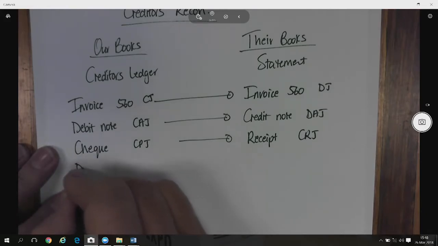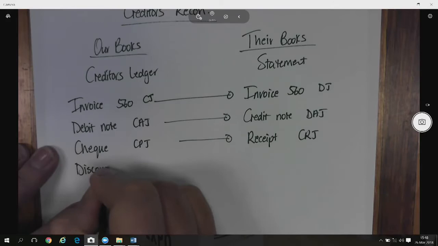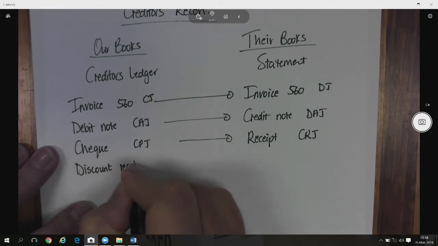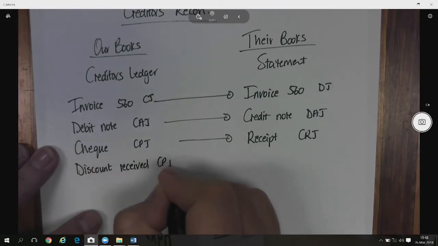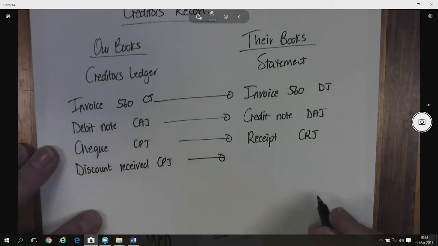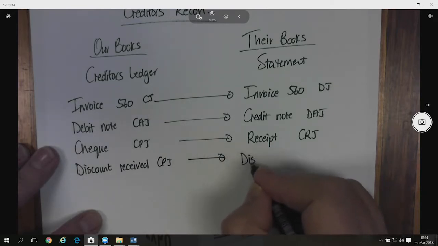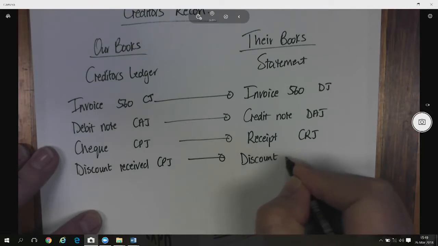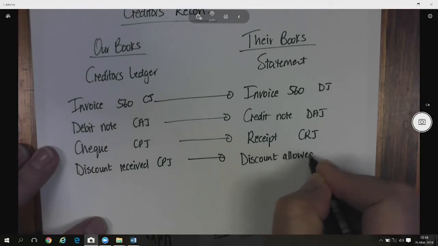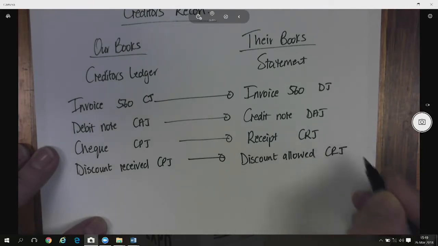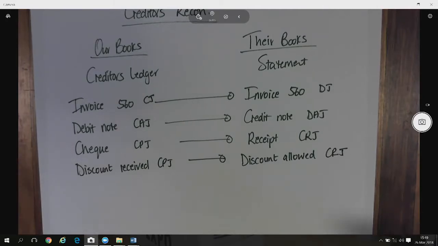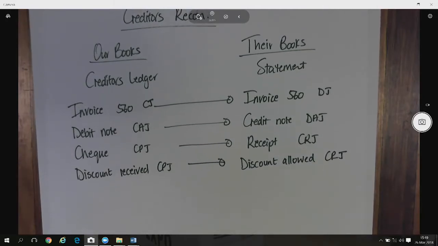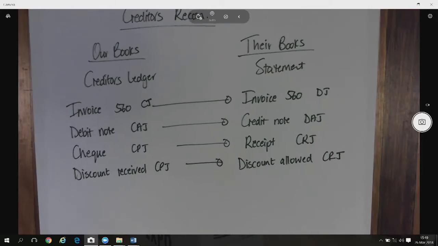We will show discount received in the CPJ, because we received discount from them, and they will show discount allowed, because they allow discount to their debtors in the CRJ. That's how you compare the two books to each other.